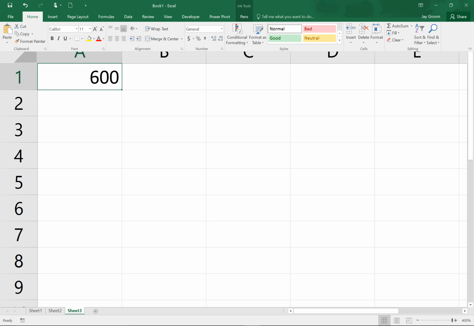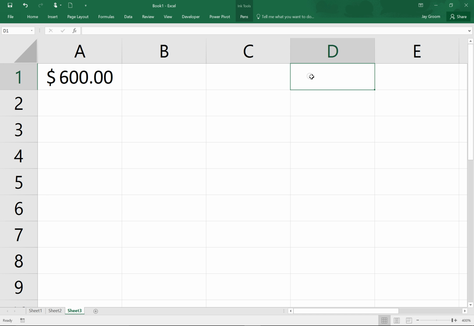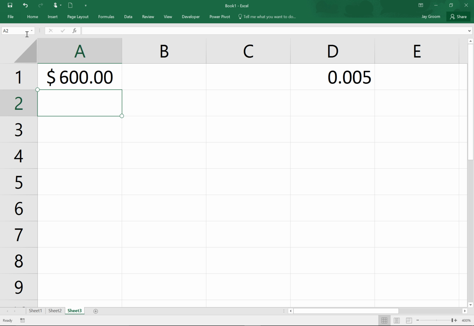And again, you can put in whatever. Let's just say we're going to do the 0.005. Okay, 0.5%. All right, and let's say this was a 1-year CD.